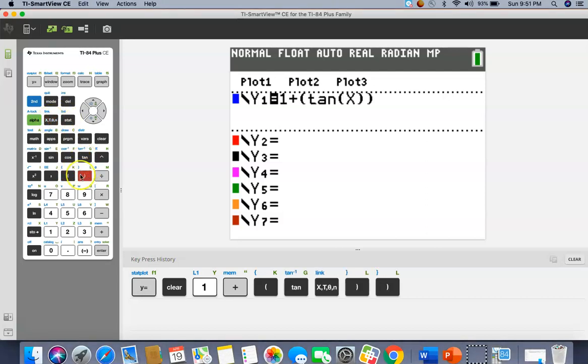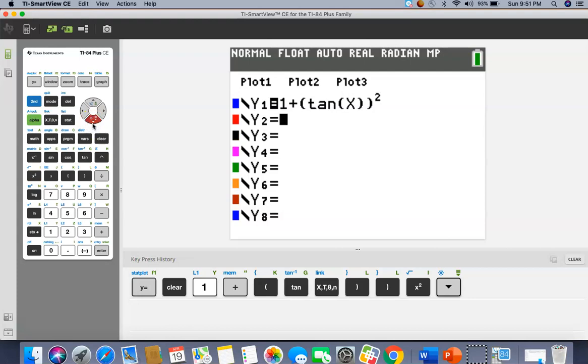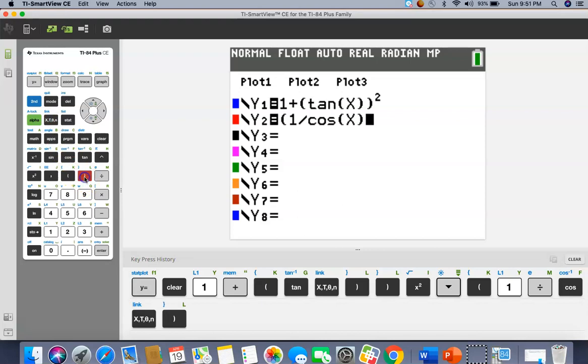I'm going to use x, and I'm going to square it. And we said that was equal to the secant squared. Well, the 84 does not have a secant button, but I do know that the secant is 1 over the cosine of the angle x. And whenever you're doing these proofs, you need to make sure that you don't just write cosine or tangent. Each one requires an angle.